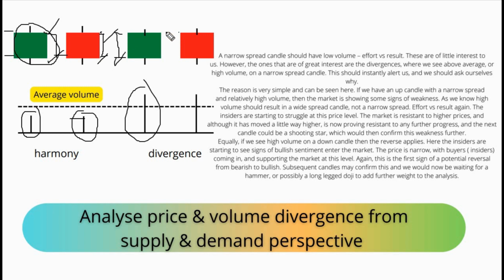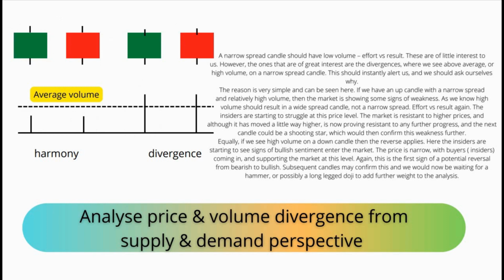So there is a divergence. This divergence is indicating that the market makers or the institutions are entering the markets. That's why there is no upward movement and in this case no downward movement.